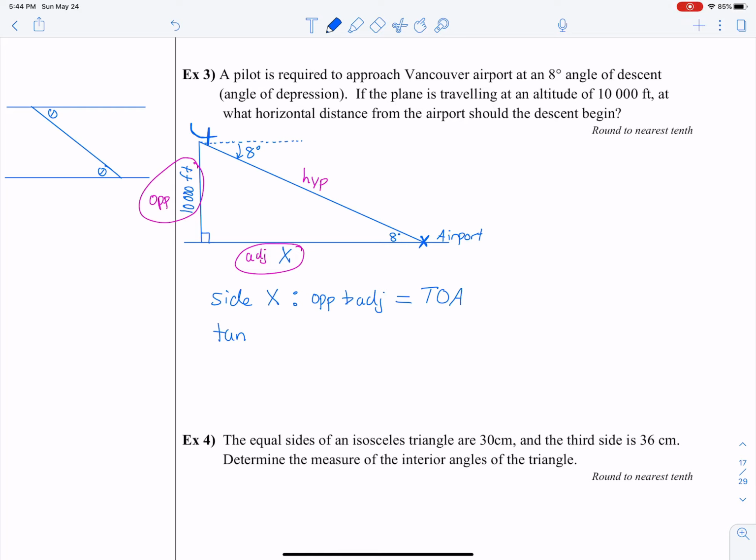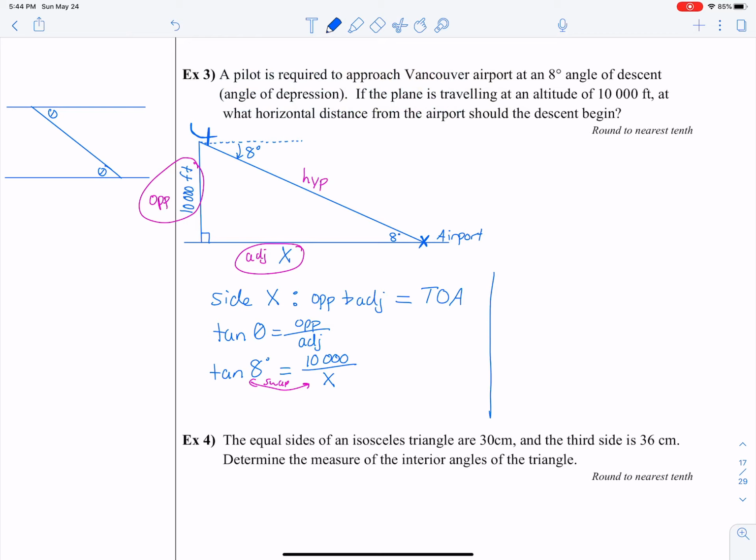I have tan of my angle is equal to opposite over adjacent. Tan of 8, so 8 degrees. And my opposite is 10,000 over X. My X is on the bottom, so I'm going to swap.